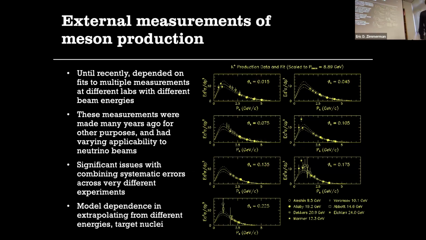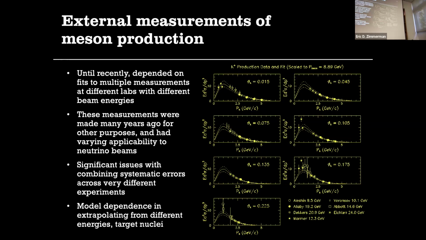So if you look in the literature for external measurements of meson production, you find things like this. These are fits to multiple measurements at different labs with different beam energies. These measurements were made many, many years ago, in some cases going back to the late 1970s, for other purposes, with very different types of detectors, a lot of bubble chamber data out there.